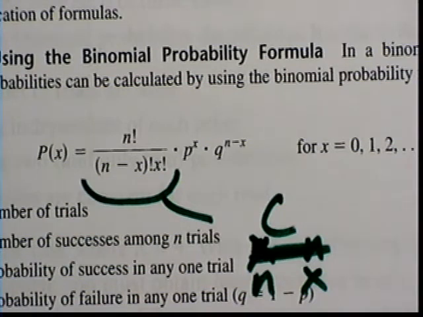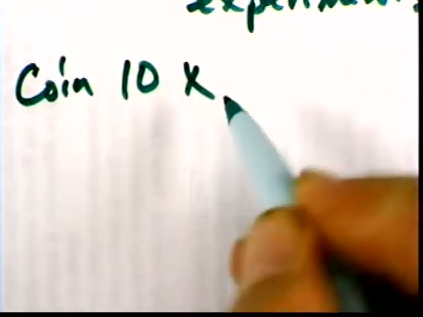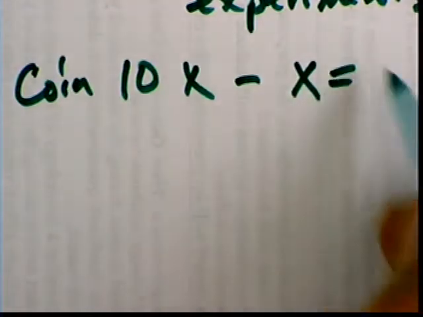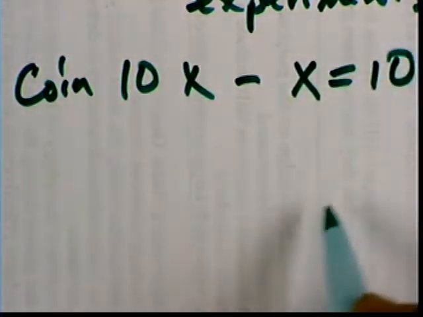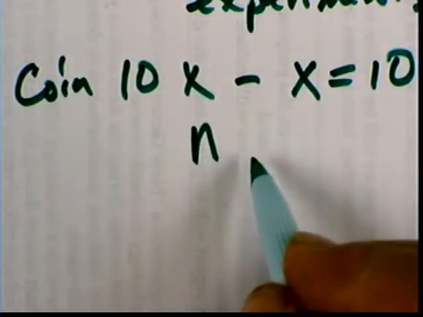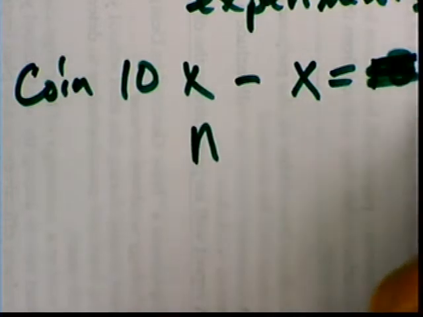So let's look at a couple of examples of this. Let's see how that works out. Let's just say that we're going to flip a coin 10 times. So n is going to be 10, and x, the number of heads we want, is going to be 5.